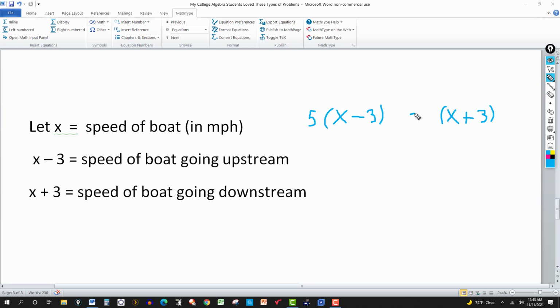So the time is 2.5. But remember, the boat is going upstream and then downstream the same distance, up and down. So this is the distance upstream on the left, and on the right over here is the distance downstream, and those have to be the same.